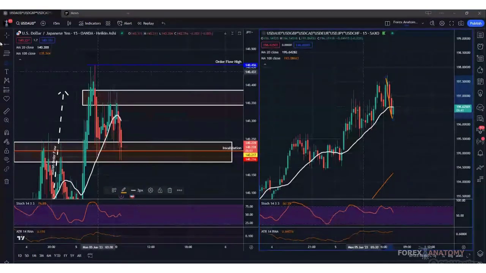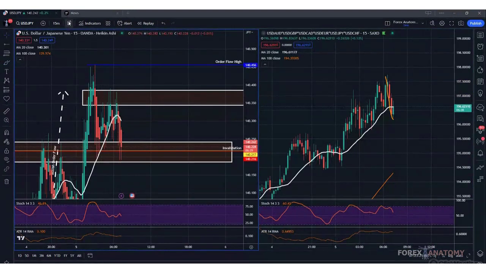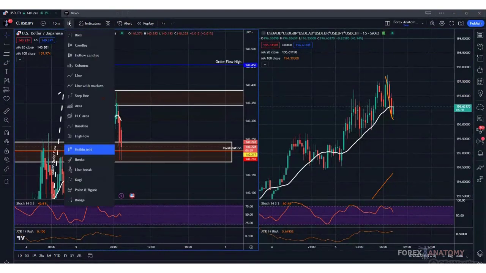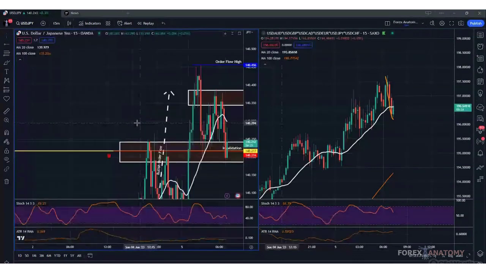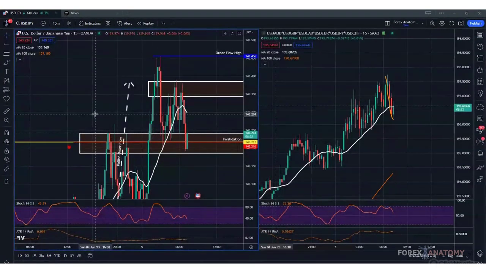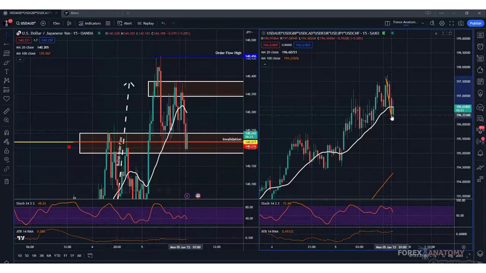Because one thing you've got to know about Monday, and especially since we're at the beginnings of the summer trading season, we may not see those technical plays fully play out like they usually do because it's low volume. And I may talk about that a little bit later, like low volatility. We look at the volatility levels, they're extremely low today.